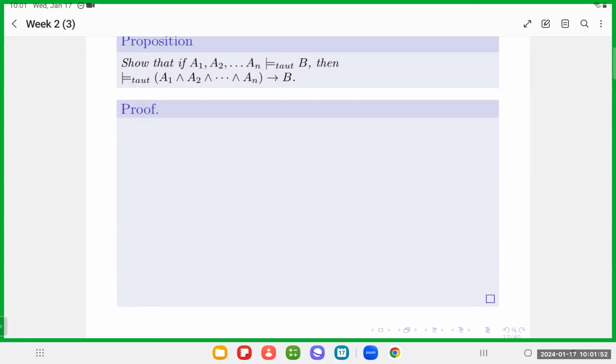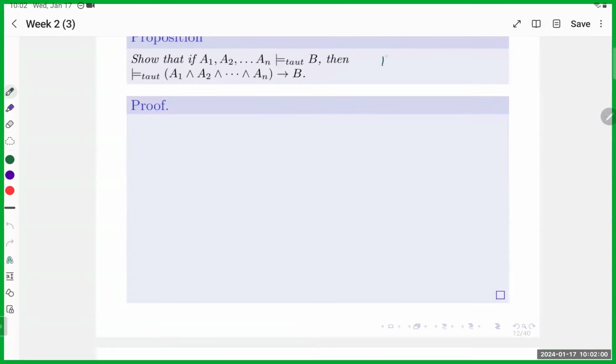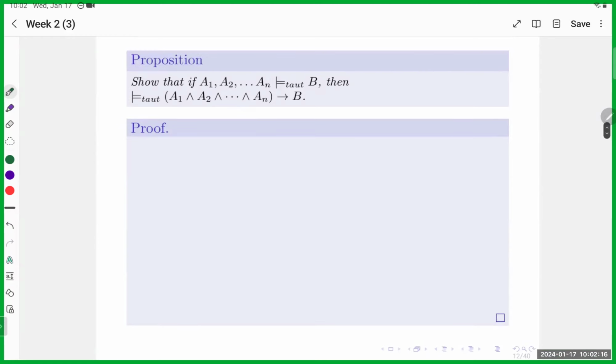So we talked about the notion of tautological implications when you have a set of formulas in general. Gamma tautologically implies a formula A if for any state that satisfies gamma, it satisfies A. So that was the definition. Now let's look at the following proposition.